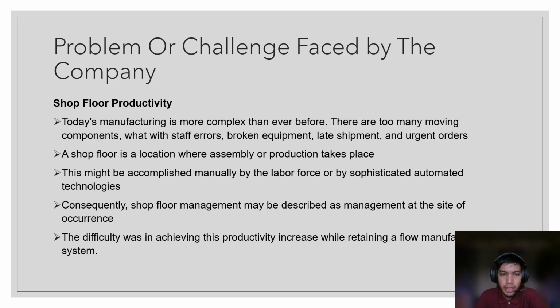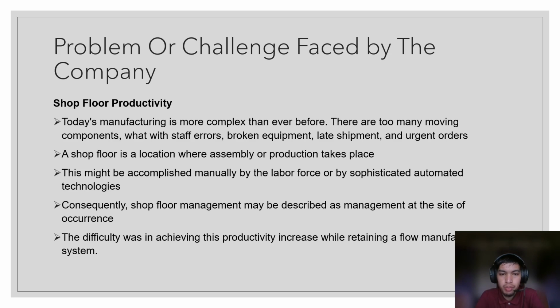Okay, last but not least is shop floor productivity. Today, manufacturing is more complex than ever before. There are too many moving components, what with staff error, broken equipment, late shipments, and urgent orders. A shop floor is a location where assembly or production takes place.